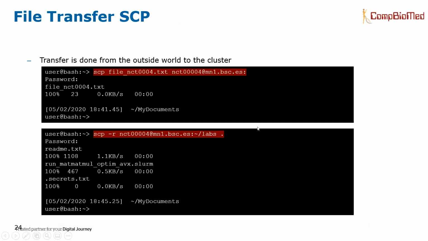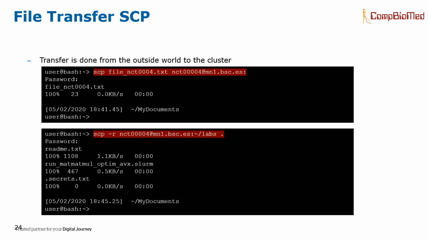And the last important thing is to know how to transfer your data from, for example, one computer to another one. This is basically what you want to do if you have data on your personal computer and you want to transfer it to the cluster. You have a command for that, and it is called SCP. The idea is you always need to transfer your data from outside of Mainostream to Mainostream.